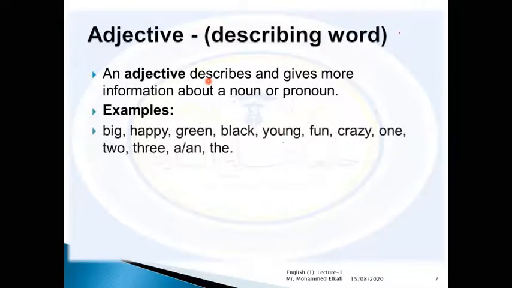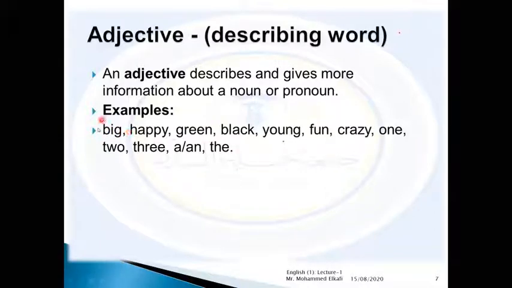So examples of adjectives: big. When you say big, big box, big house. Happy, happy boy, happy girl, happy birthday.